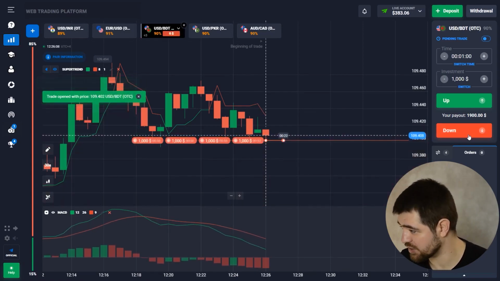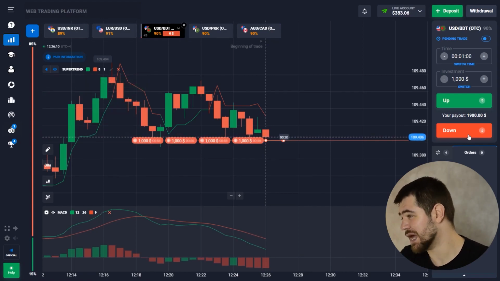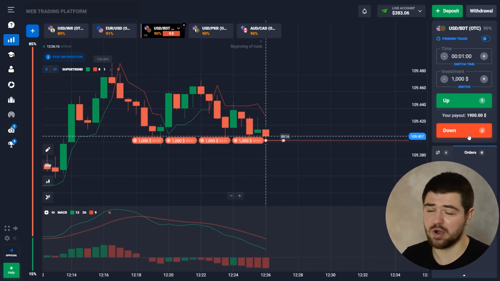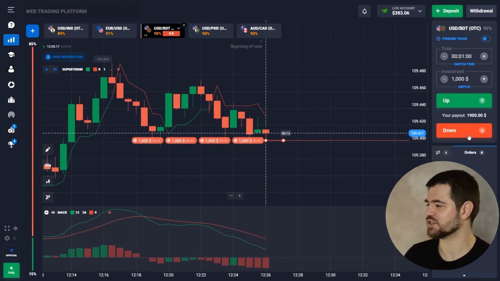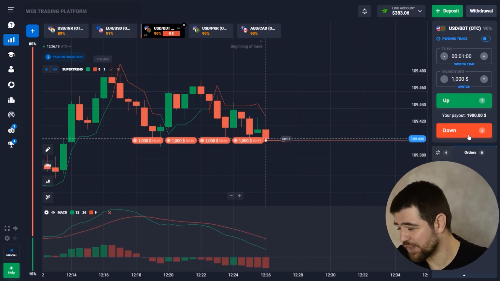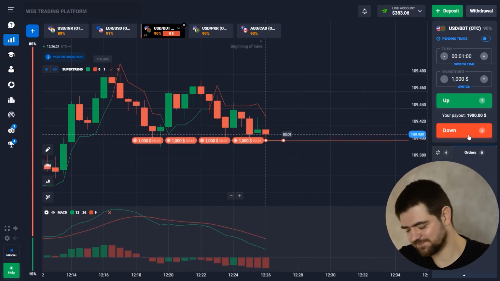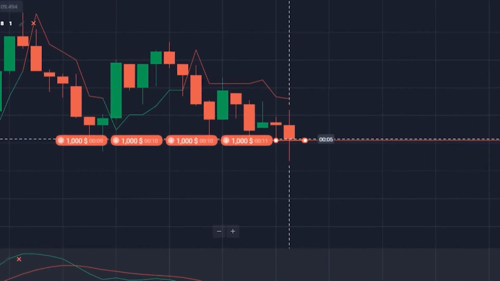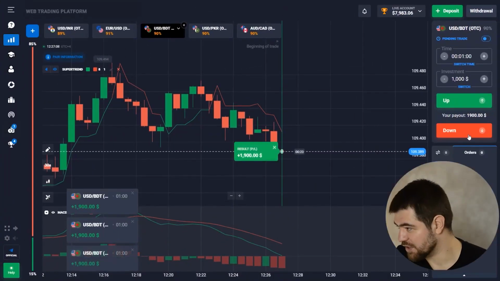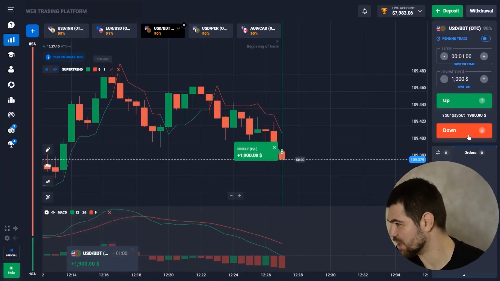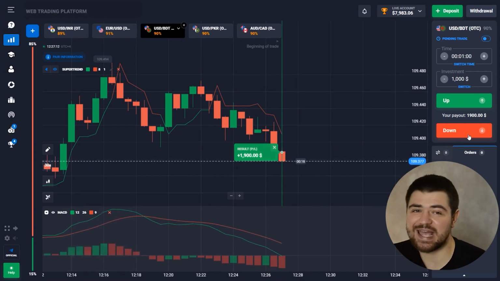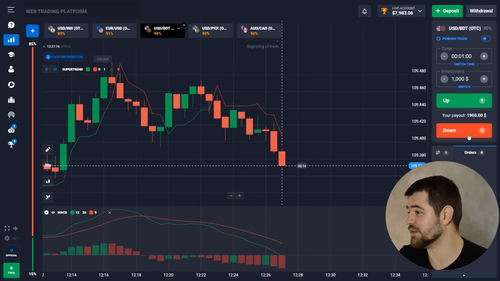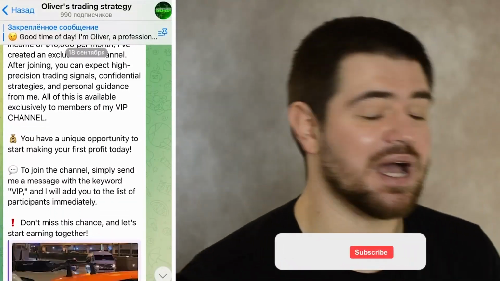We're breaking through the support levels. MACD and the super trend are both for the short, so we just go with it. 4,000. Let's wait for the result, guys. Here is the profit from this one. Almost 8,000 we got in this option totally. I'm happy with it.